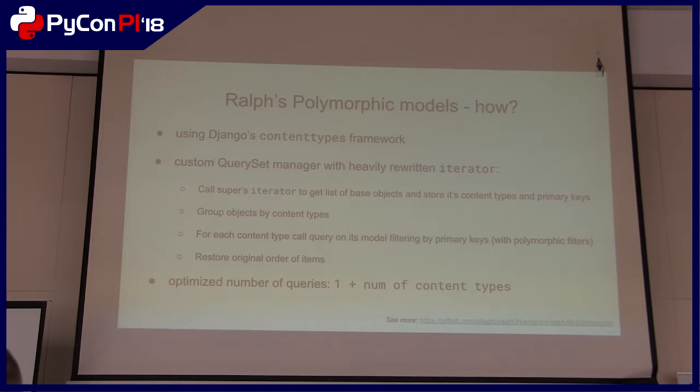At the end, we put it back together in a single list, single query set, and restore the original order of items. And of course, we did it in an optimized number of queries, because we do one query for the base object and then only one query for each content type.